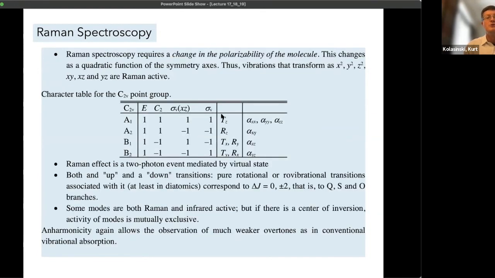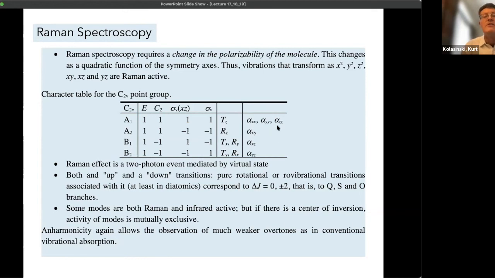If you look at these point group tables, they'll always tell you how the coordinates x, y, and z change under a translation, or how these quadratic terms change, whether they're symmetric or anti-symmetric.